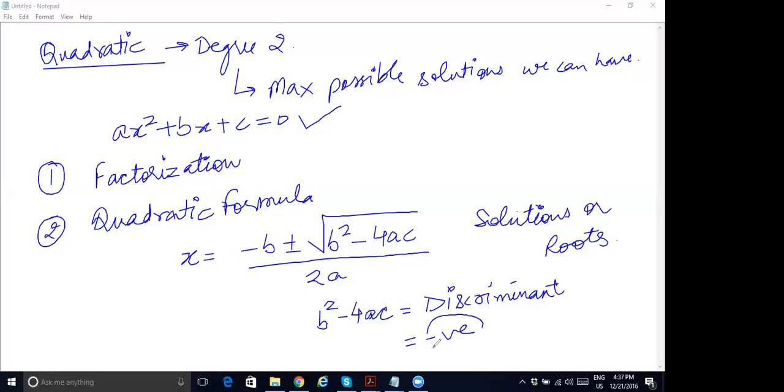If the discriminant is negative, then we will have a negative value inside the square root. And when such a scenario exists, we will not have any real solution. So we say we do not have any real solution.